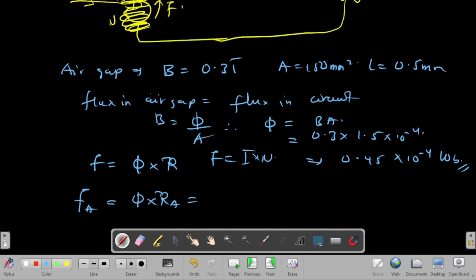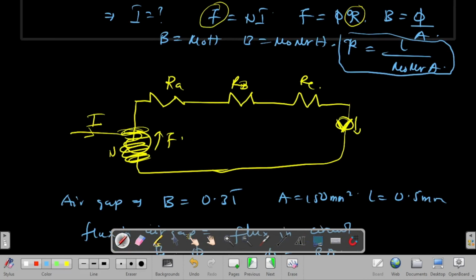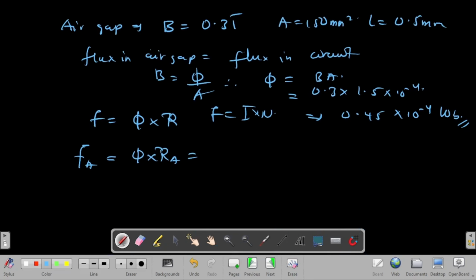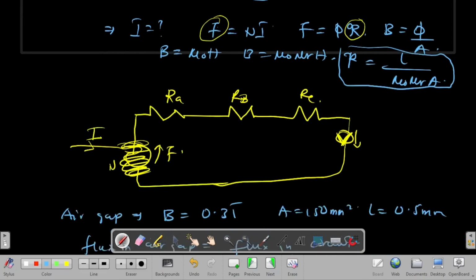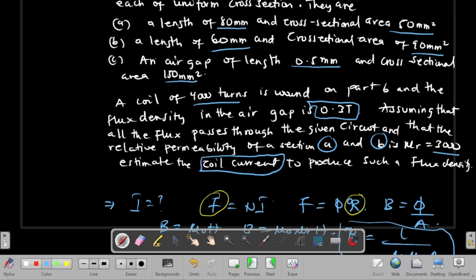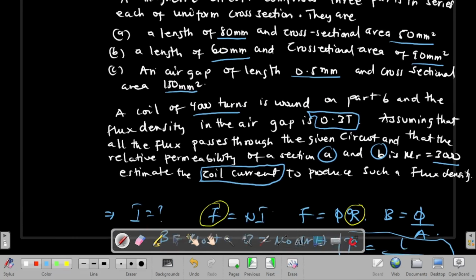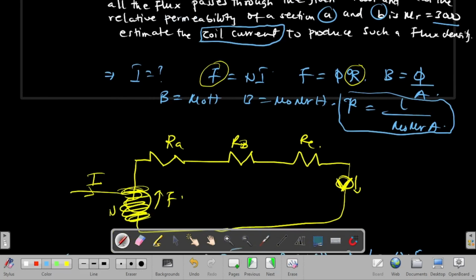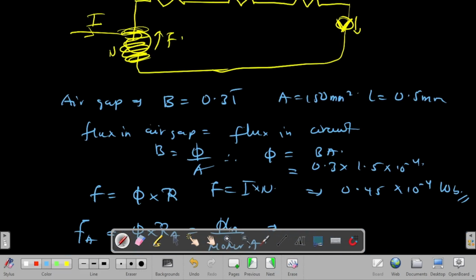I gave a formula here that reluctance is equal to L over mu naught mu R times A. So we put in our values. We have the relative permeability to be 3,000, so we need to multiply that by the permeability of free space, which was supposed to be given.